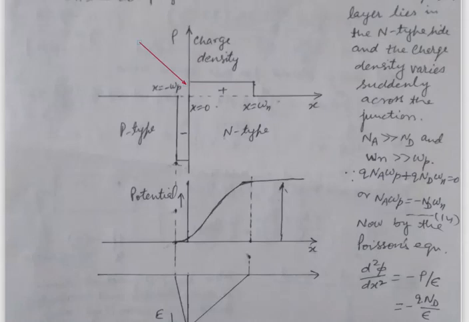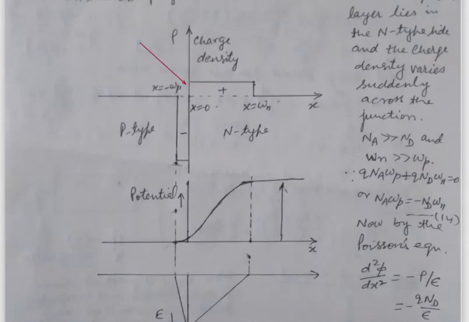Cancelling Q, this will give us Na into Wp equal to minus Nd into Wn. Since Wn is very large as compared to Wp, therefore Na will be very much greater than Nd.